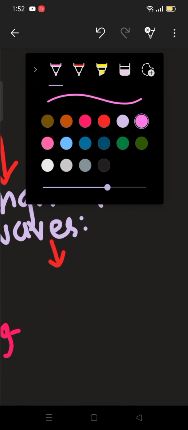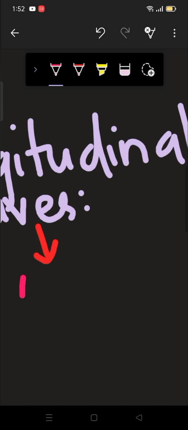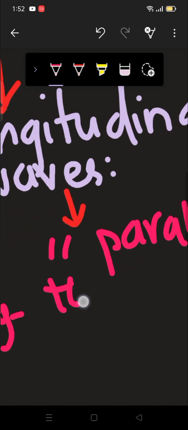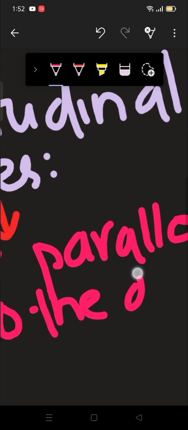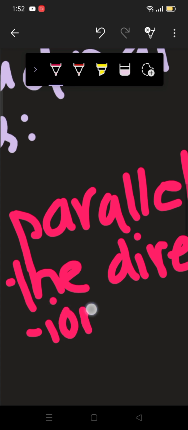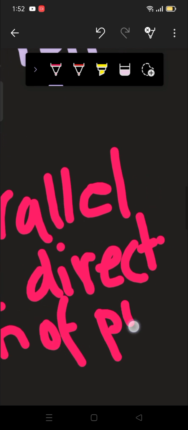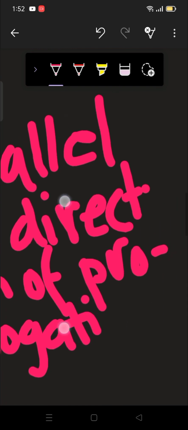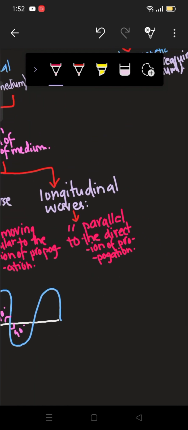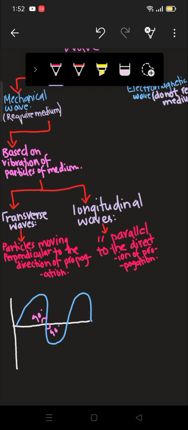This is written with dark pink, so I am writing with that. So there would be the moving of particles parallel to the direction of propagation. In the transverse wave the particles were moving perpendicular to the direction of propagation.